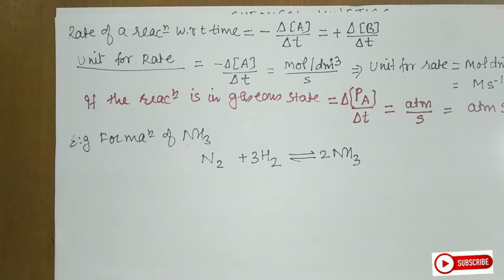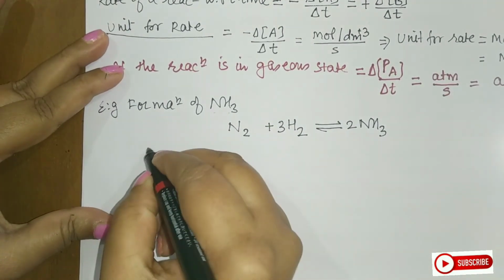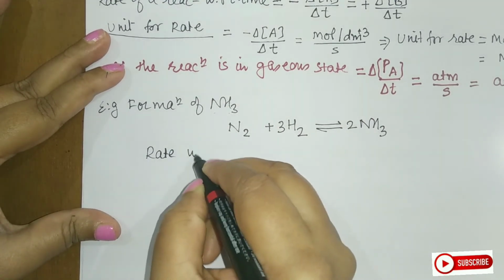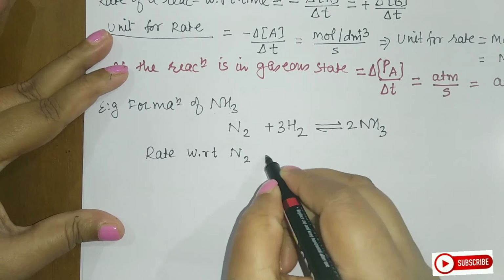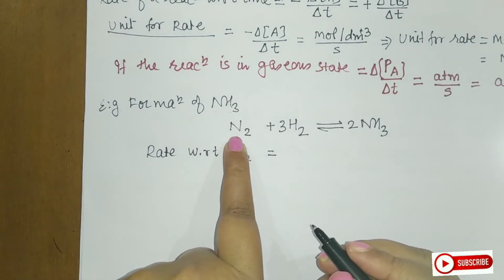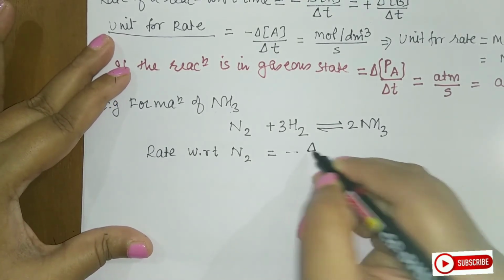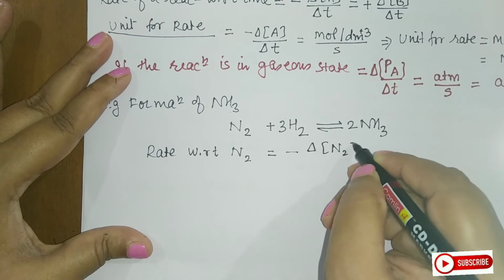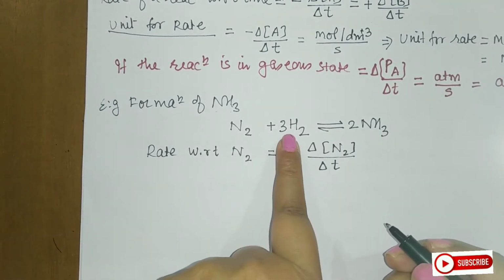Equation is balanced now. Now let us write the reaction here. So the rate with respect to nitrogen is equal to, now nitrogen, if you see, is the reactant, so how will I write it? Minus delta N2 by delta T. How will I write this for hydrogen?